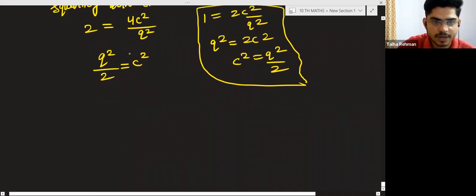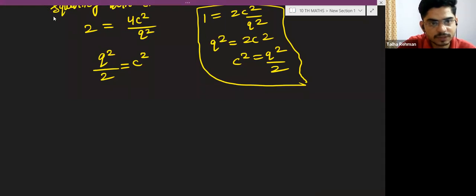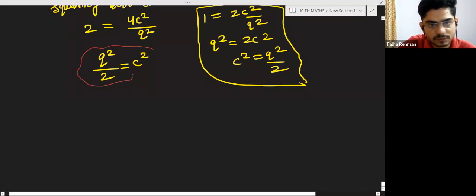So now from this statement, we can say that Q square is divided by 2, means 2 divides Q square.